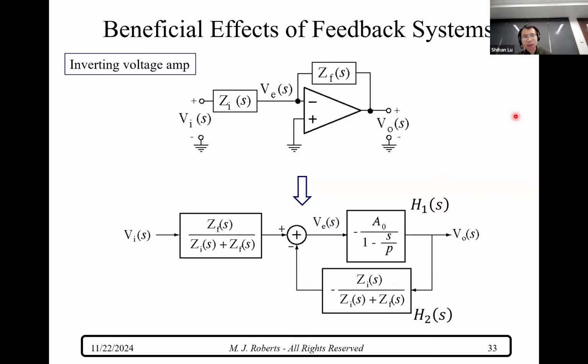But as you can see on this slide, this inverting voltage amp can be typically modeled as a feedback system, right? I've labeled what's the H1 of S and what's the H2 of S in the bottom block diagram.